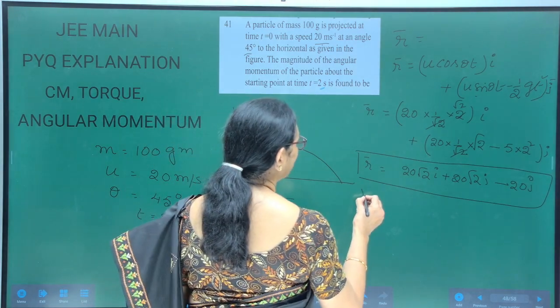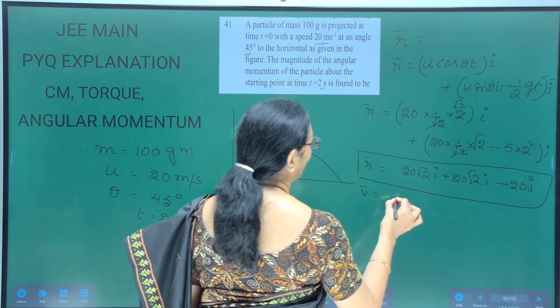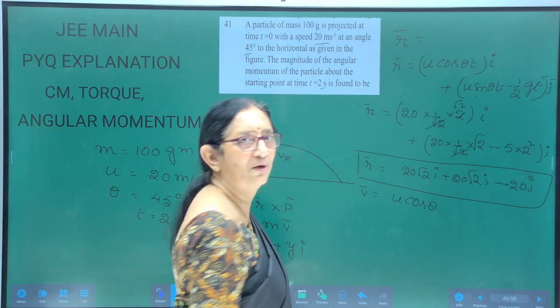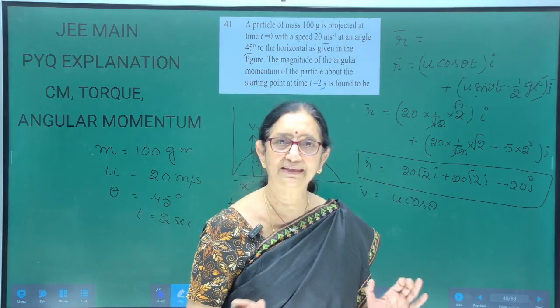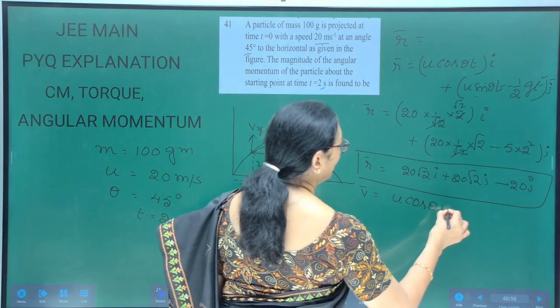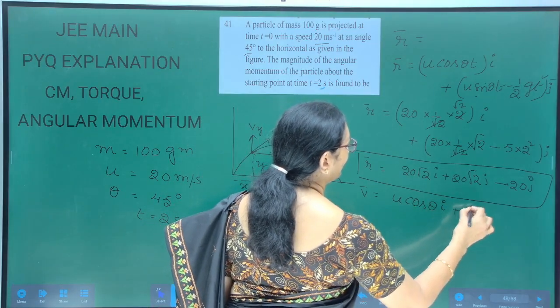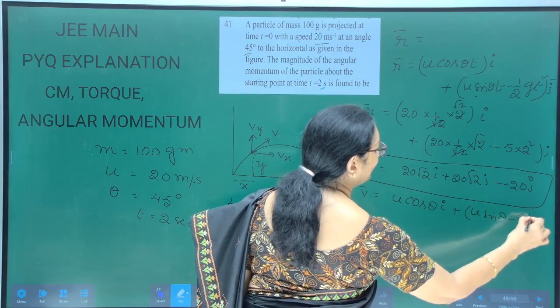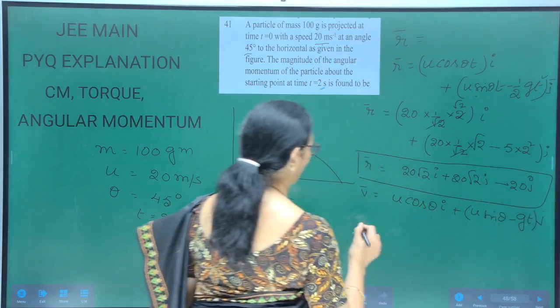So, the velocity vector v bar is equal to: the component of velocity along the horizontal remains constant throughout the journey. It is just u cos theta. So, u cos theta i bar. The y component at any instant t is (u sin theta minus g t) j bar.